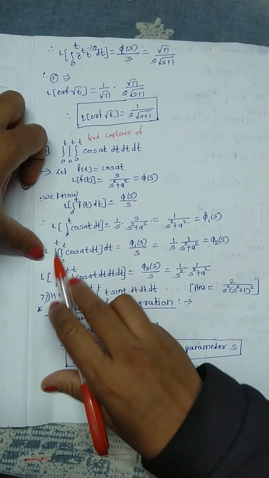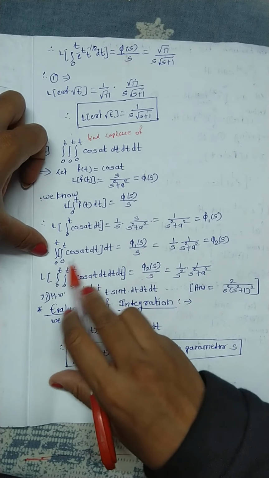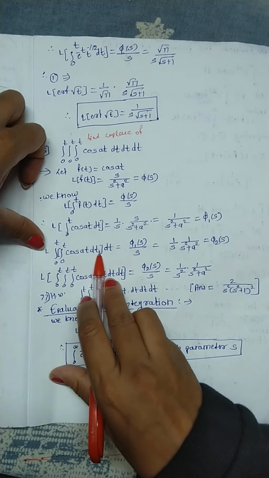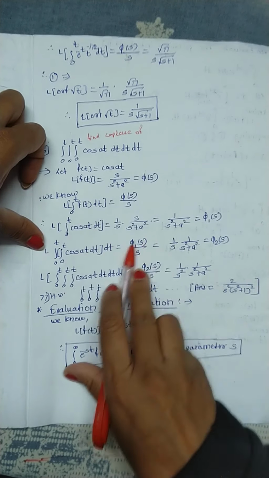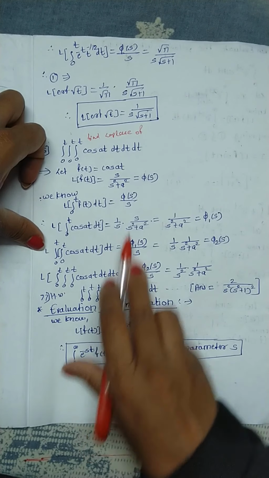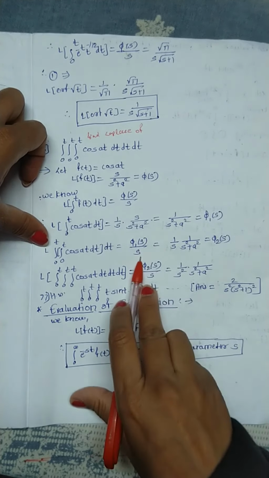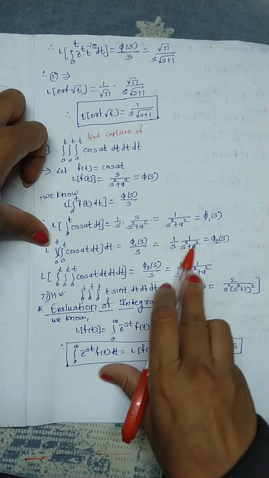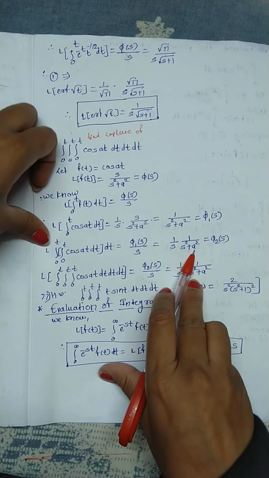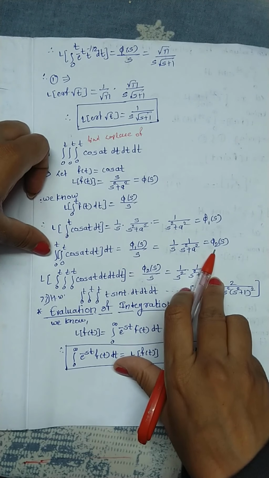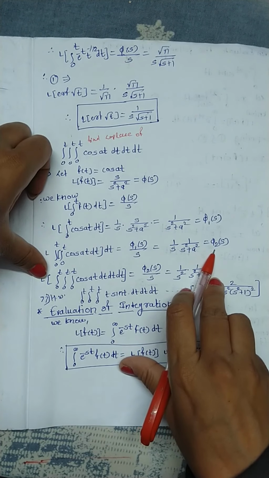That's why the Laplace transform of the integration of this integration, that means the double integration, is nothing but this integration's Laplace, that means phi 1 of s upon s is the original formula. That's why just divide this term by s. What we get is 1 upon s and 1 upon s square plus a square as it is. Okay, now call it phi 2 of s because we are going to use the last, third integration formula.